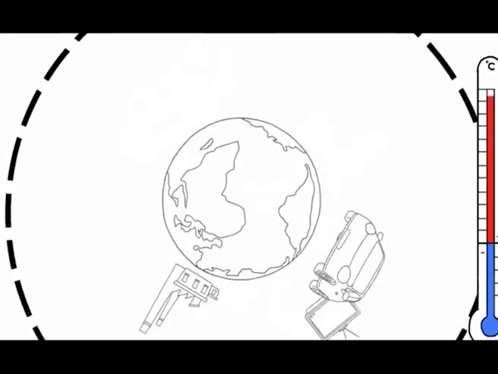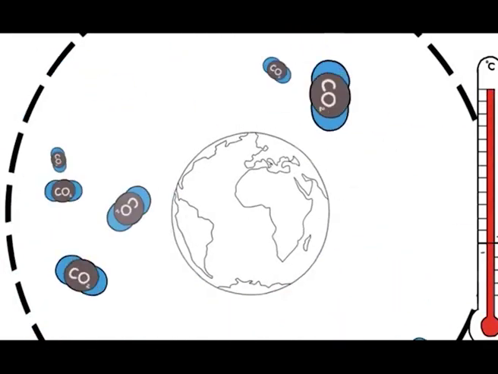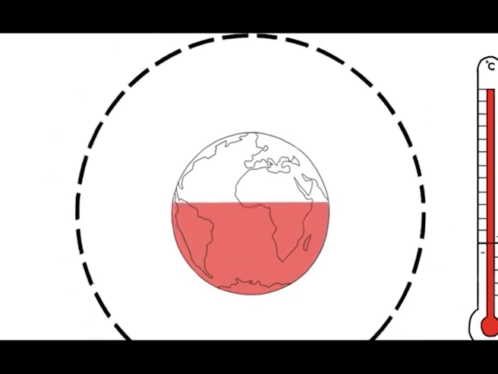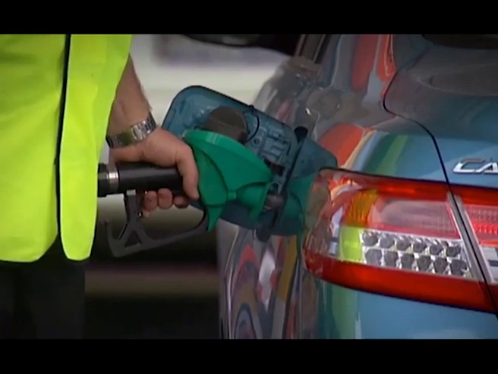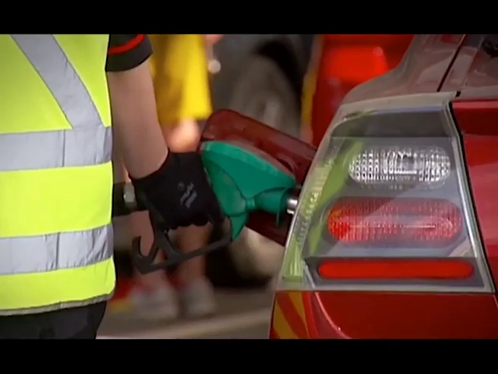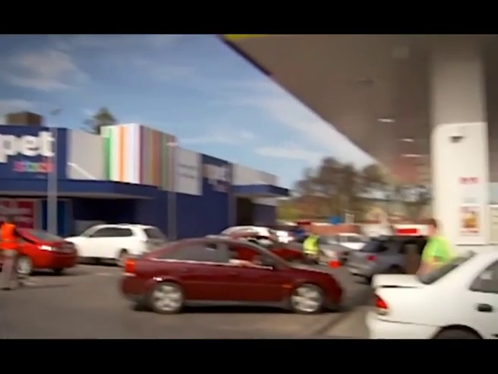The good news is that they are now falling in many countries as a result of programs like fuel economy standards for cars, stricter building codes, and emissions limits for power plants. But experts say that energy transition needs to speed up drastically to head off the worst effects of climate change.